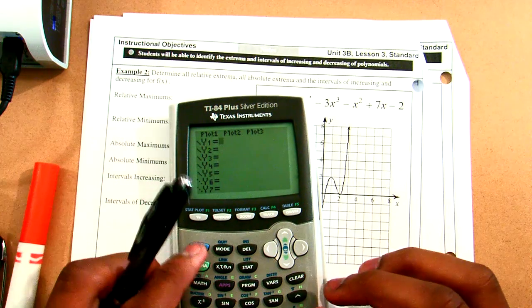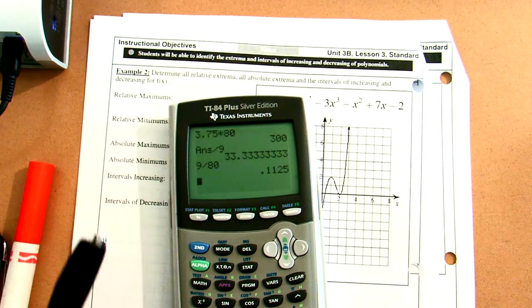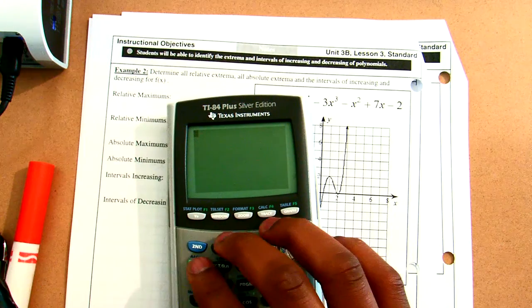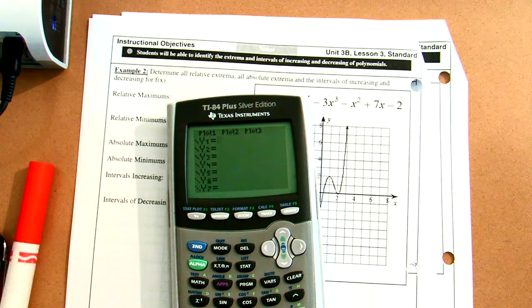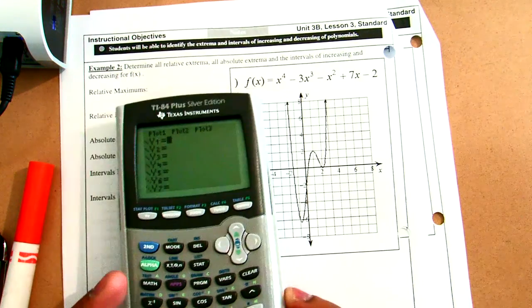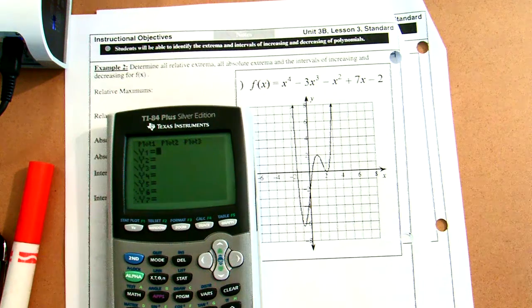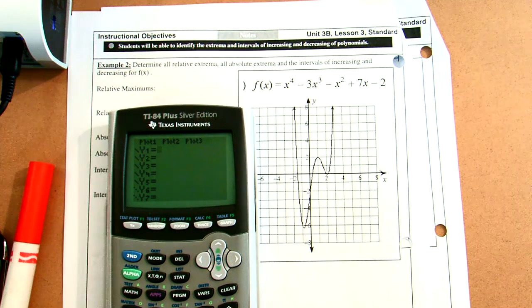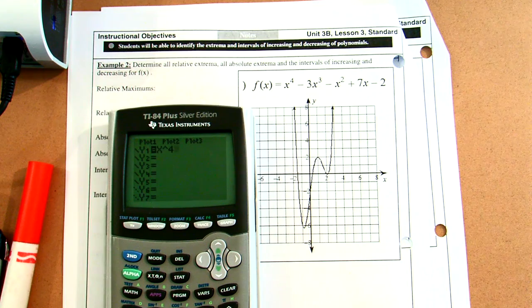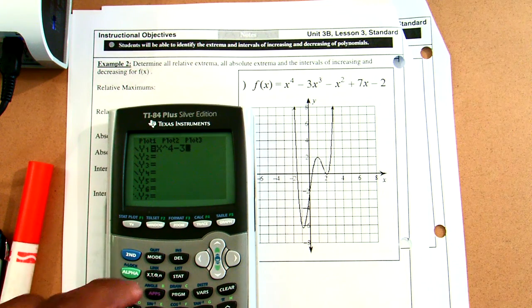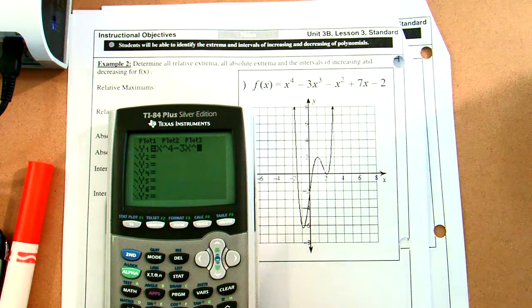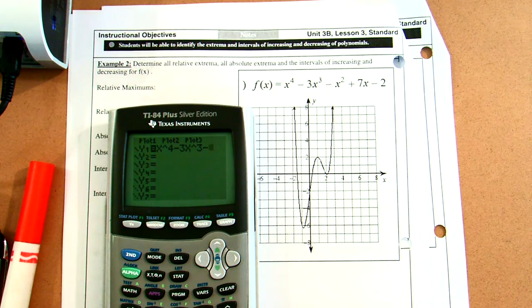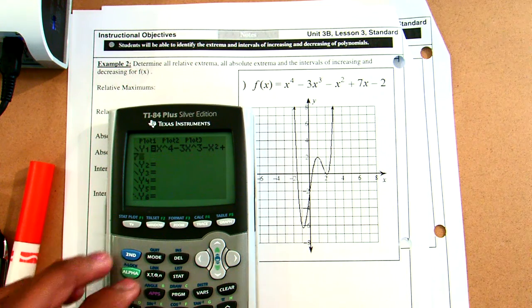So you click the y equals button, and then you plug in the given terms: x to the 4th minus 3x cubed minus x squared plus 7x minus 2.